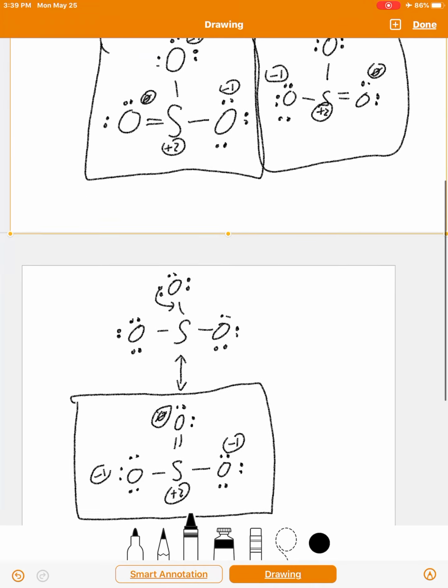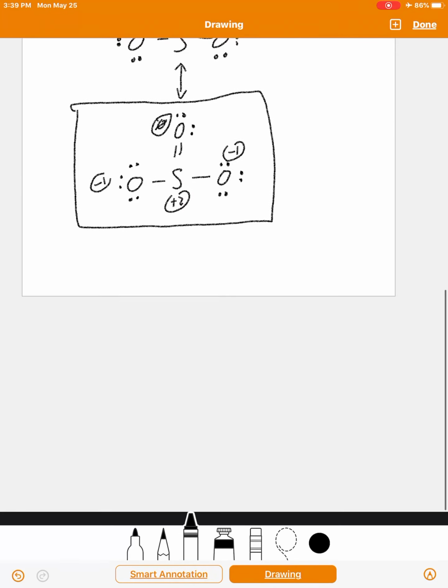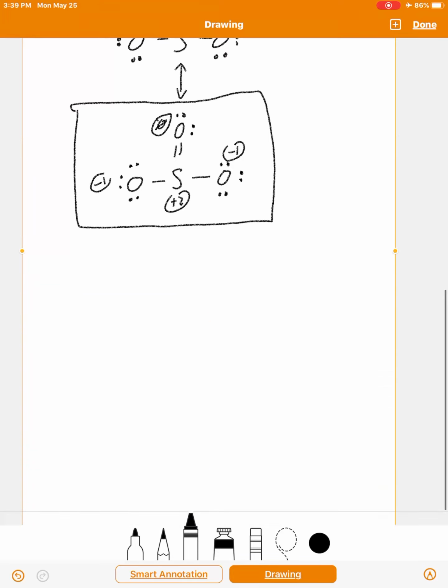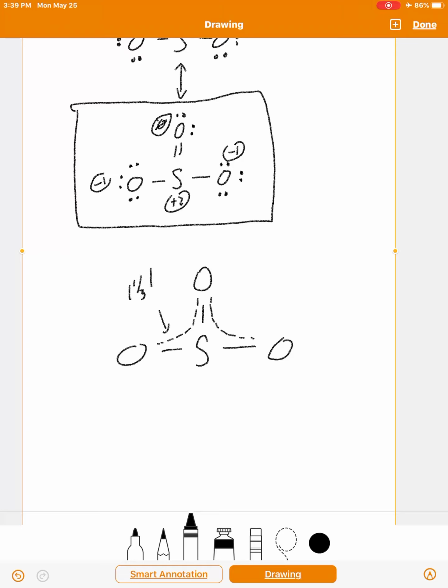So what we would say is that, in fact, nature, in its sophistication, does not have any single or double bonds in this arrangement. The SO3 molecule has about 1 1/3 bonds. Now, a fractional bond might seem really weird to you, but remember, electrons are waves and they can do very interesting things.